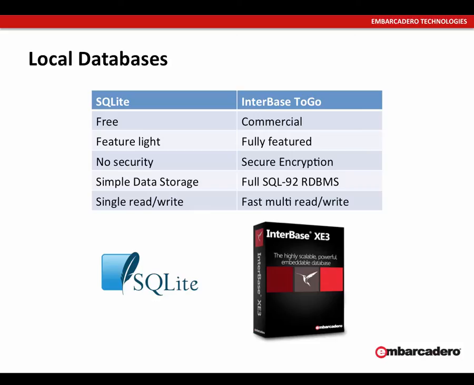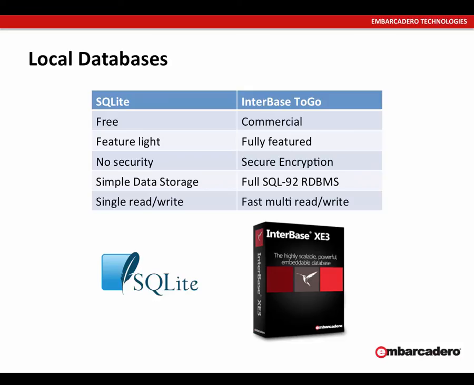IB Lite is the same as InterBase To Go, apart from the encryption being disabled and there being restrictions in terms of the disk size and the concurrency, but we'll talk about that in a moment. But InterBase To Go has full SQL 92 database support, so you can do multi-reads, multi-writes, you can use stored procedures and triggers and exception handling, unique keys, primary keys, all the stuff you'd expect to use in a full-scale database.